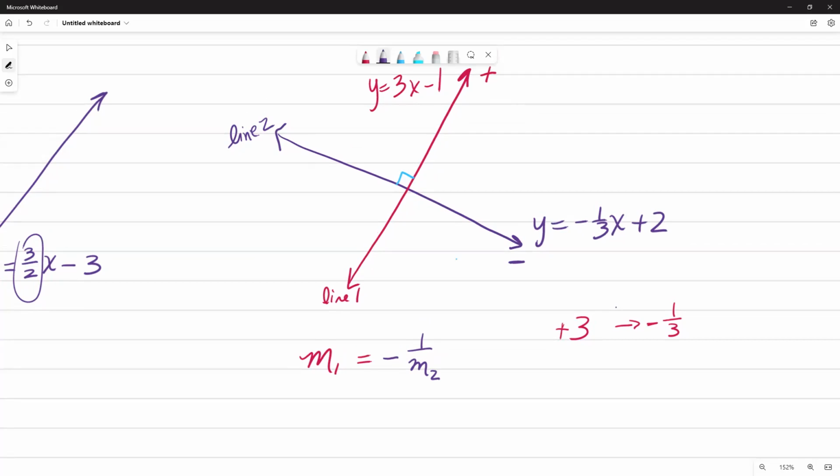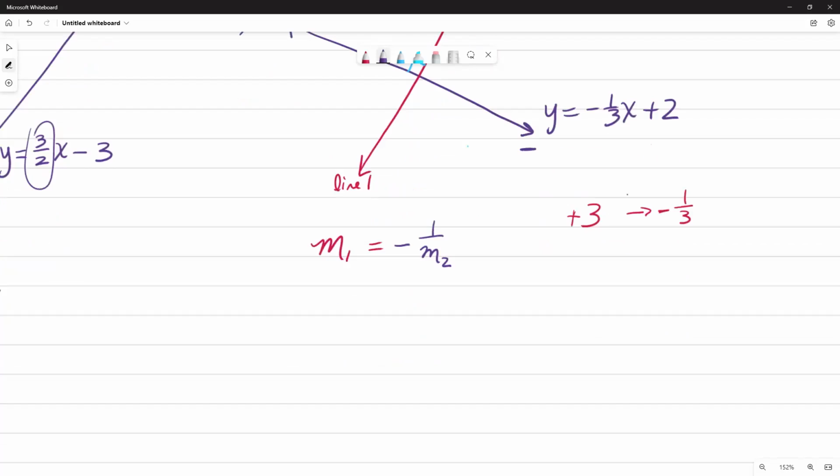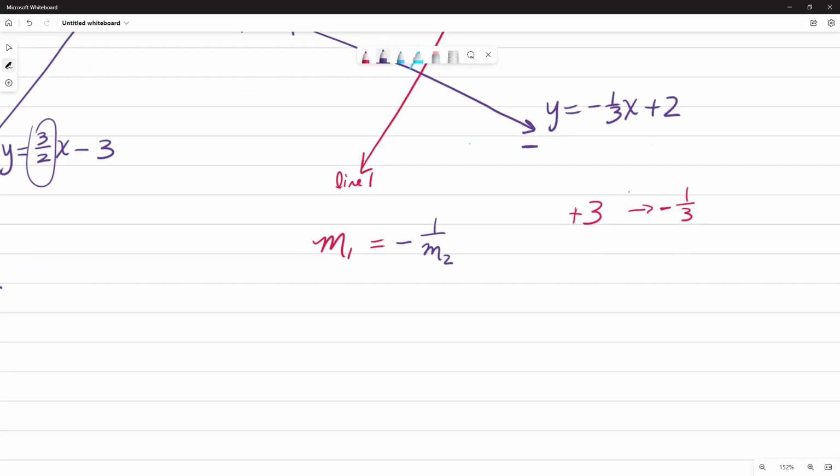We'll do plenty of practice. So let's talk about this. If the slope of line 1 is, I don't know why I love this fraction, but I do, negative 4/9, what is the slope of a perpendicular graph to negative 4/9?